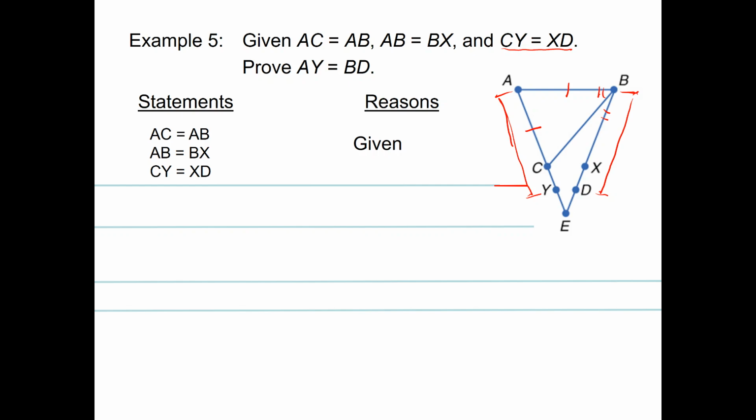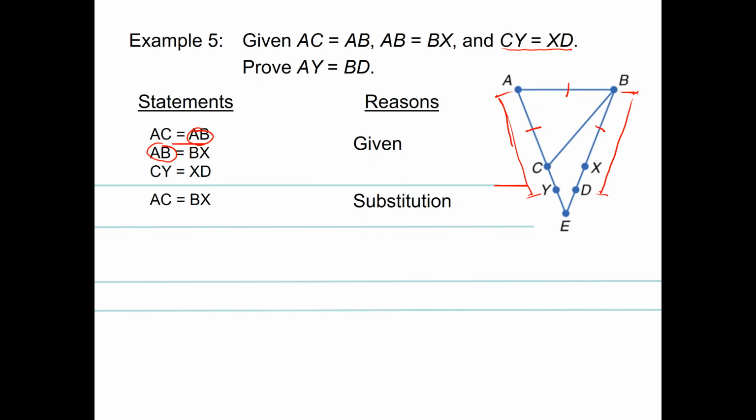All right, so let's go ahead and say AC equals BX. I'm able to do that because of this AC equals AB and AB equals BX. I'm going to substitute that and get AC equals BX. That's a substitution step. Now, once I've done that, I can go ahead and mark this as a single hash mark, because I know AC and BX are equal.